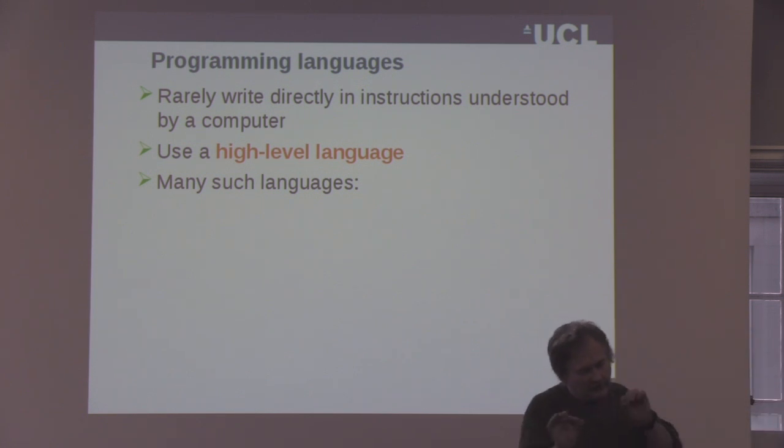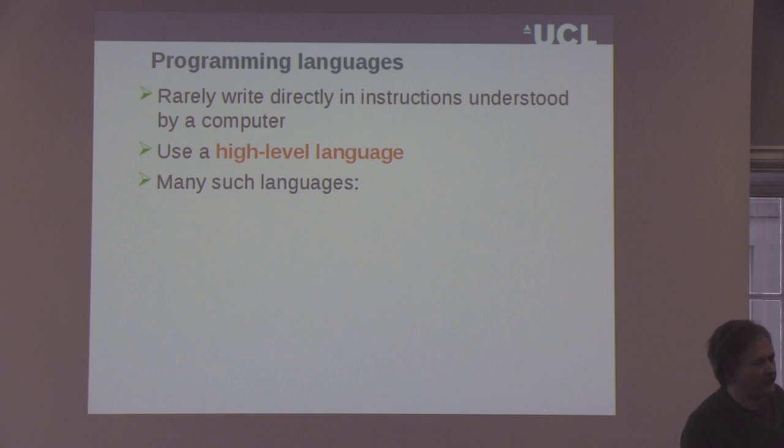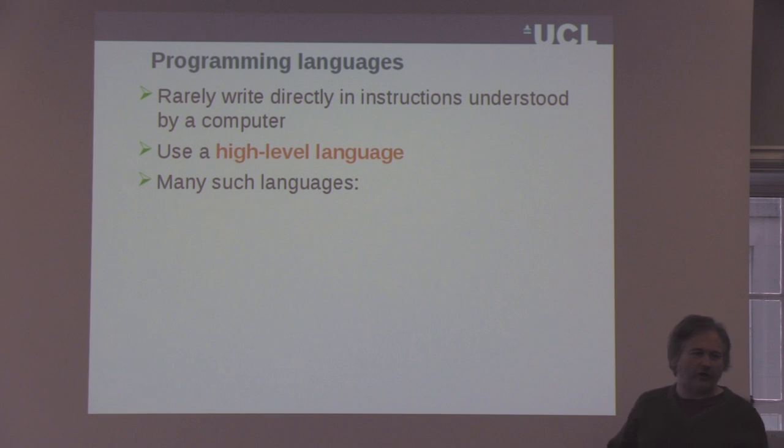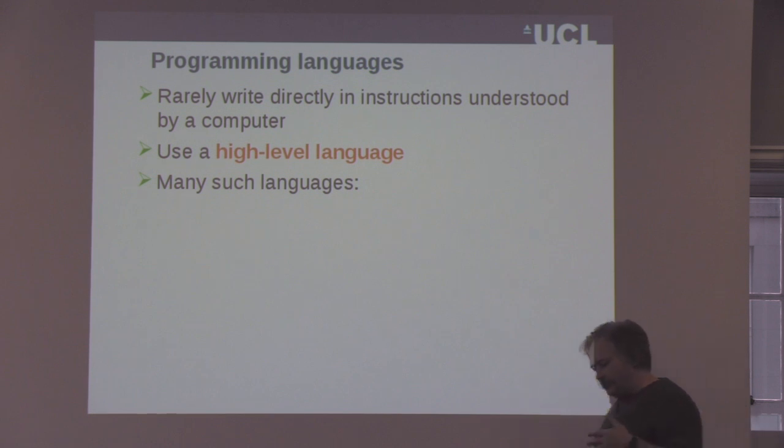There's something slightly less difficult to use called assembly language, but it's still horrifically complicated. And really nobody writes code in assembly language these days, other than a few little bits that operating system designers may have to write. People who write programming languages might have to write a little bit.